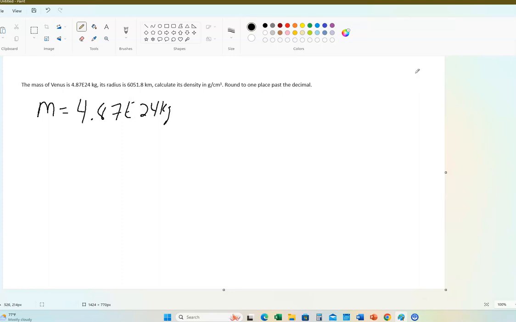It's, of course, kilograms. And so we got to do this. 1 kilogram is 10 to the third grams. The kilograms cancel. And so 10 to the 24th times 10 to the third is 10 to the 27th. So this becomes 4.87 times 10 to the 27th grams.